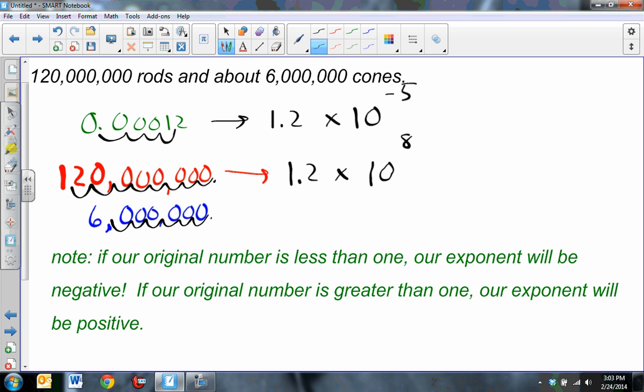We've got a number between 1 and 10, 6.0. So we're going to write this as 6.0 times, how many places did we go? 1, 2, 3, 4, 5, 6 places. And since our number was bigger than 1, it's a positive 6. What do you think? Think you're getting it?